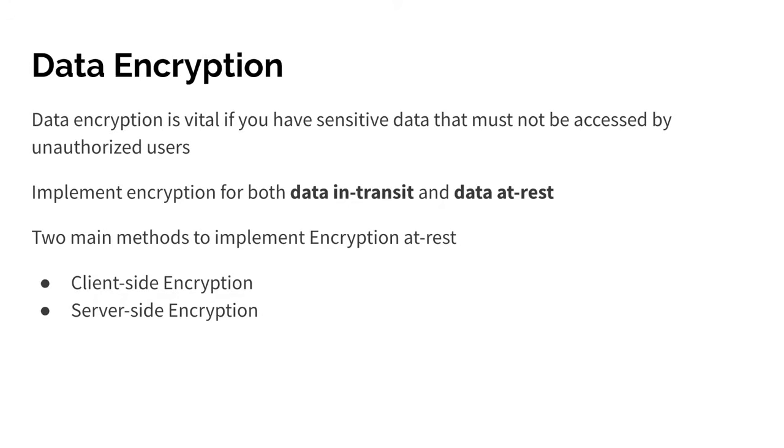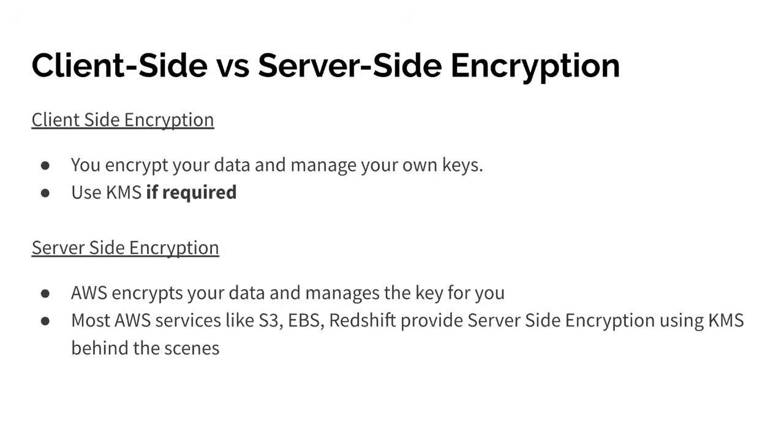Now there are 2 main methods. The first one is client-side encryption, where you can encrypt your data at the client side and send all the way to the server or any backend services like S3, EBS, Redshift, etc. And the second method is server-side encryption. In server-side encryption, you let your backend services to encrypt the data and manage those keys on your behalf. So in client-side encryption, you encrypt the data and manage your own keys.